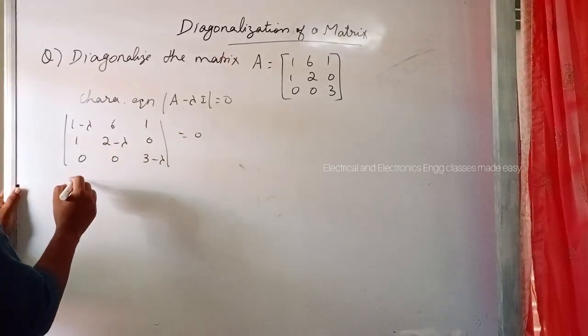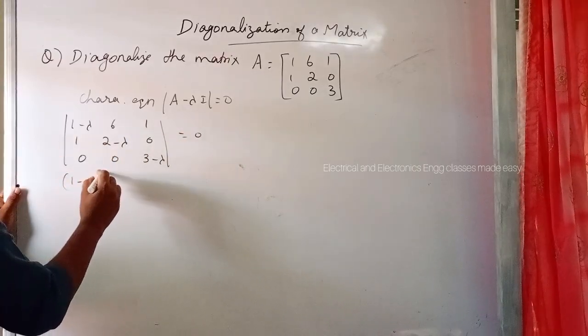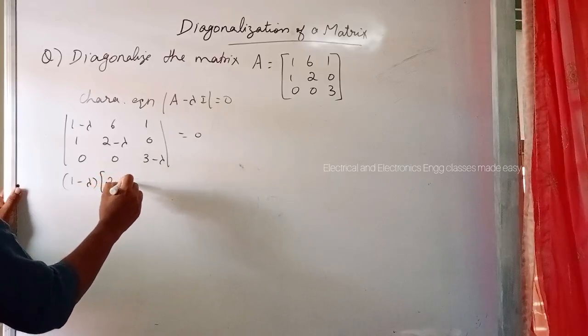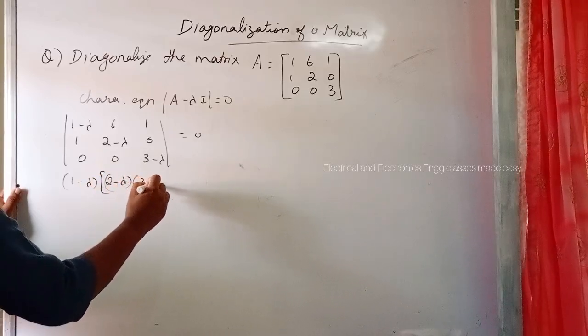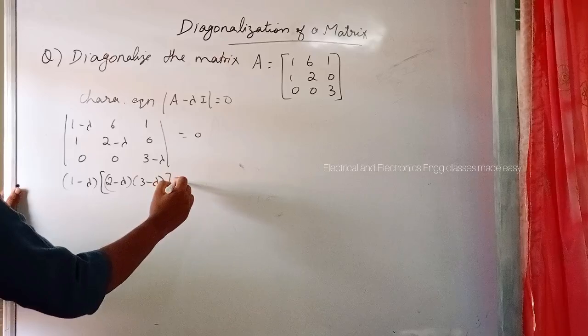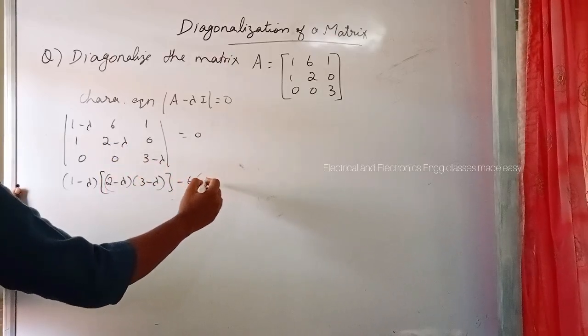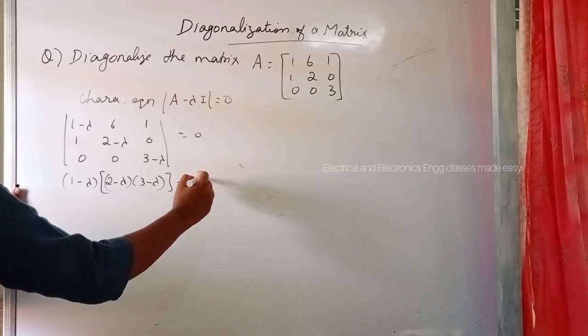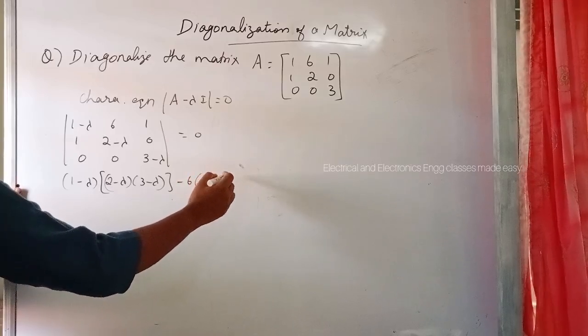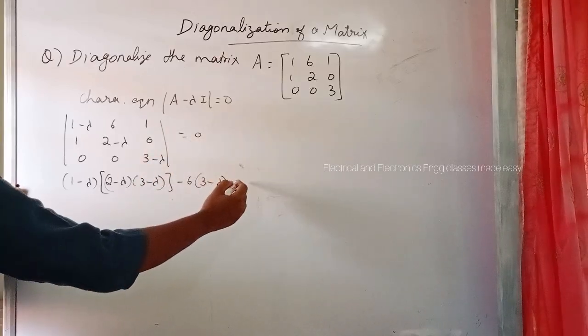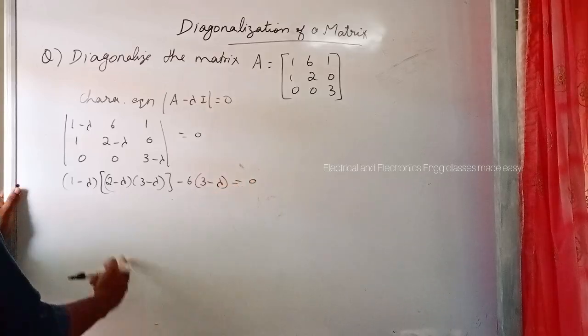Now finding the determinant: 1 minus lambda into 2 minus lambda into 3 minus lambda, minus 0, then minus 6 into 1 into 3 minus lambda, that is 3 minus lambda, minus 1 into 0 equal to 0.